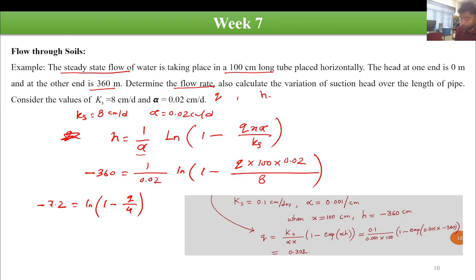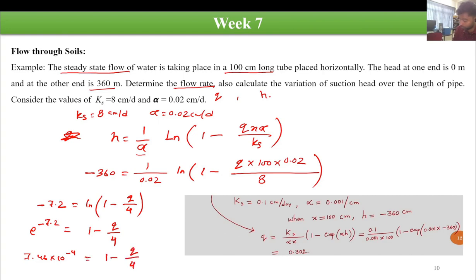Okay. And because ln is here, it's a natural logarithm. So we write e to the power minus 7.2 will be equal to 1 minus q upon 4. And the exponential of minus 7.2, let me determine, is going to be 7.46 into 10 to the power minus 4, which will be equal to 1 minus q divided by 4.